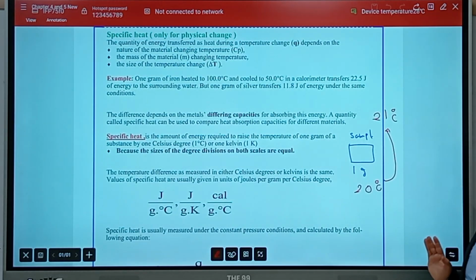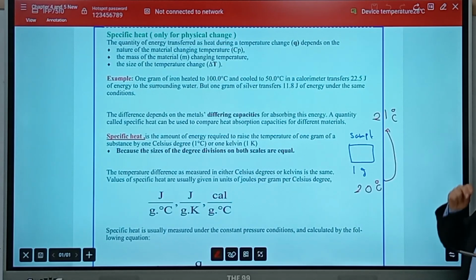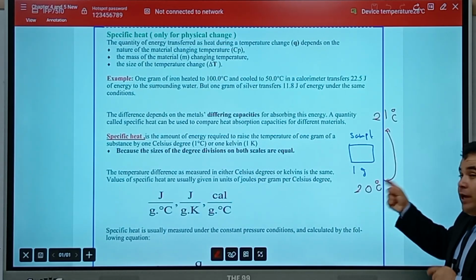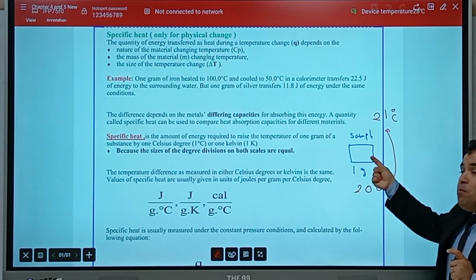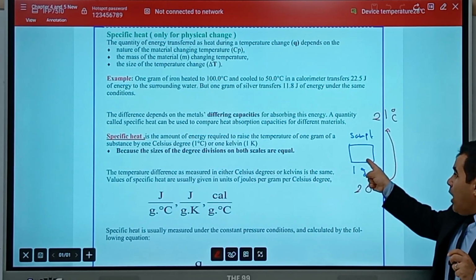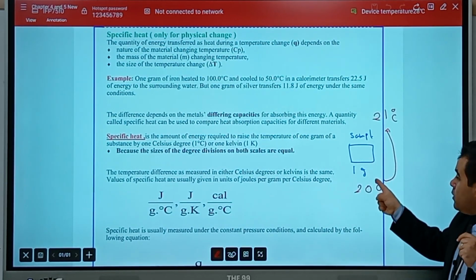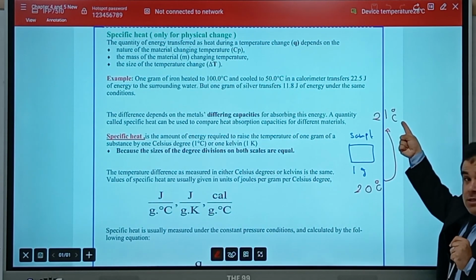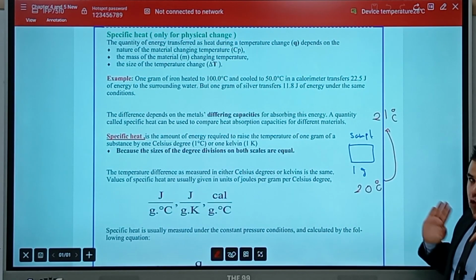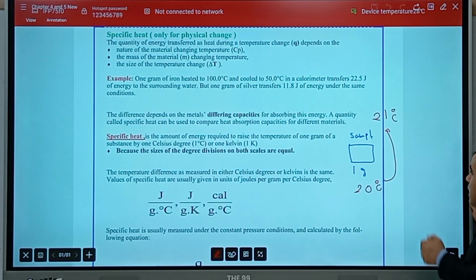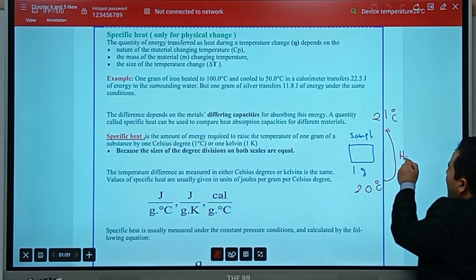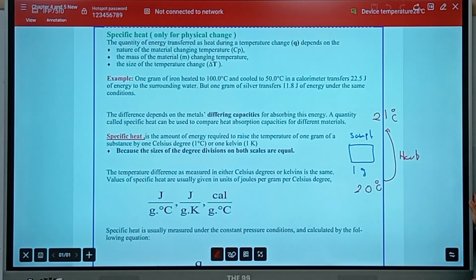Kelvin or Celsius doesn't matter. In order to increase the temperature of 1 gram of a sample by 1 Celsius or 1 Kelvin, we need an amount of heat, and that heat is a specific heat.